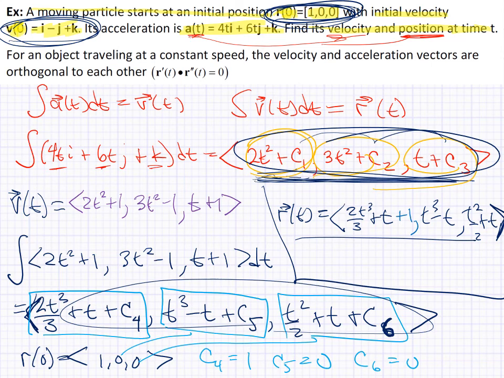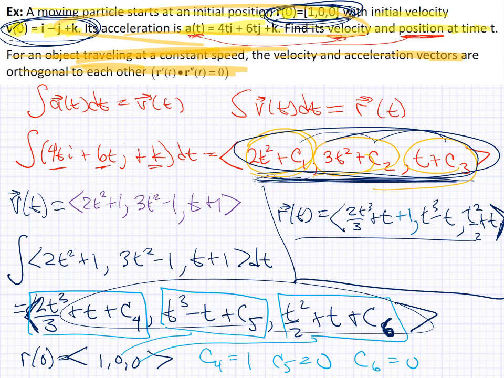One little bit of information I also threw in this slide here is that for an object traveling at a constant speed, we've talked about that constant speed concept, the velocity and acceleration vectors actually end up being orthogonal to each other. That has nothing to do with this problem. I just have it thrown into this slide here in the notes for no apparent reason.